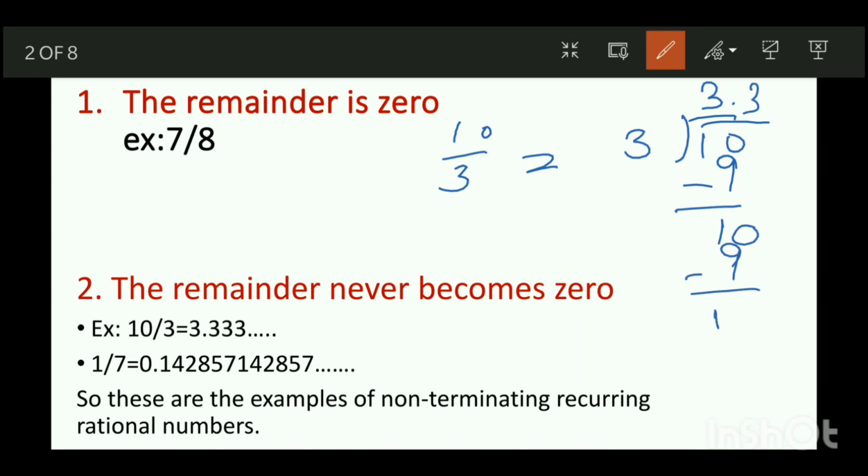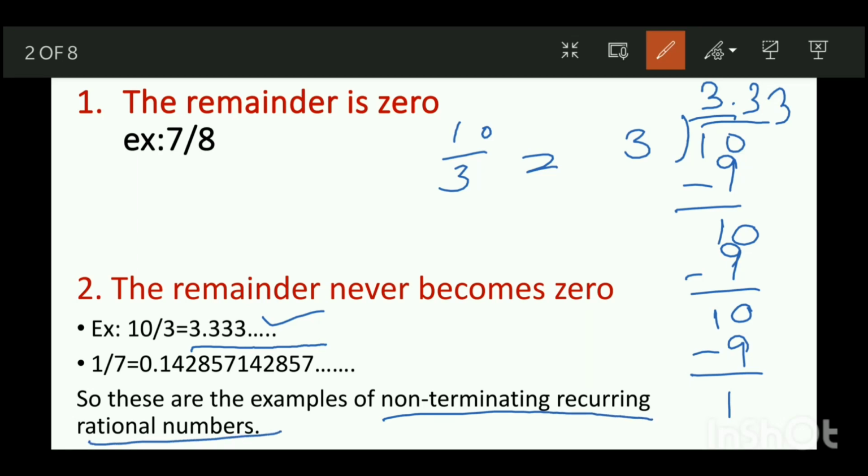Again we get remainder 1. Again add 0. 3 3s are 9. Again remainder 1. So this 0.33333 will never end. We will always get remainder 1. Here the remainder is not 0. So these kinds of decimal expansions are called non-terminating and recurring because 3 is repeating. Non-terminating recurring numbers are rational numbers.